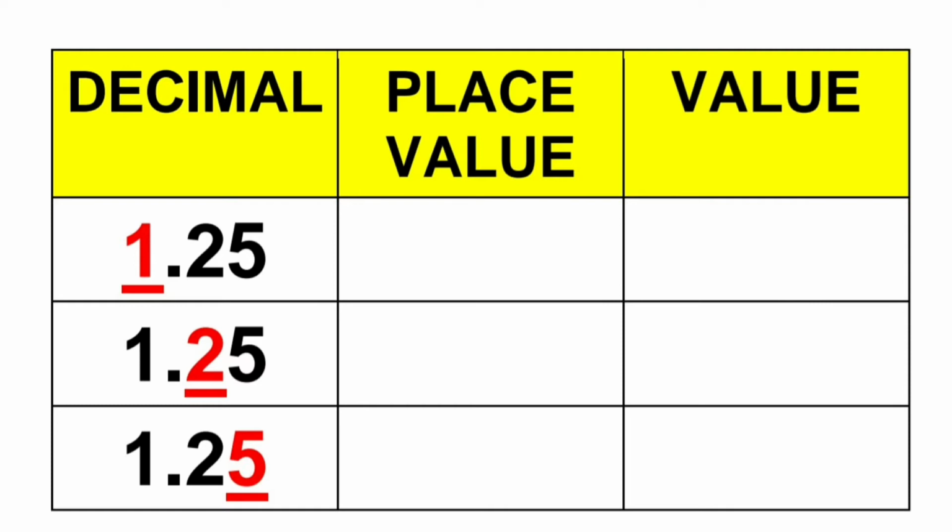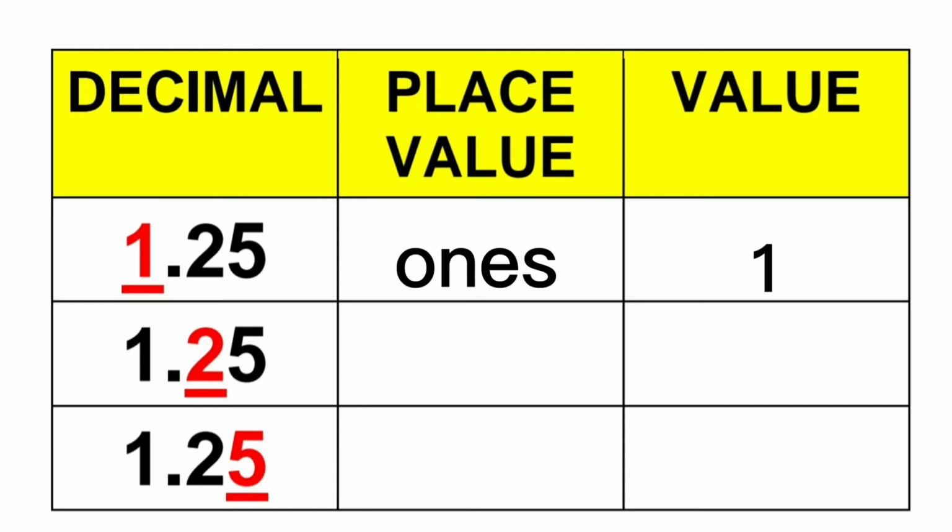You have to find the place value and value of the number that is underlined. The first underlined number is 1. So what is its place value? Okay, Johaima, what's your answer? Ones. Okay, very good. So what's its value? Welma? 1. Okay, very good also.